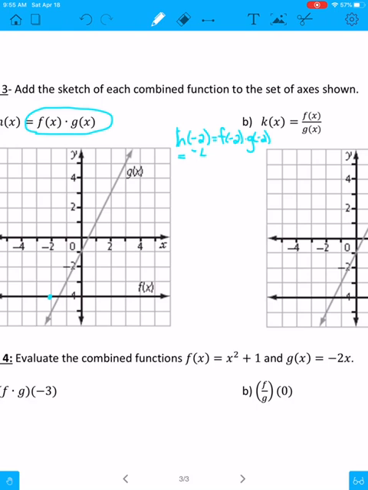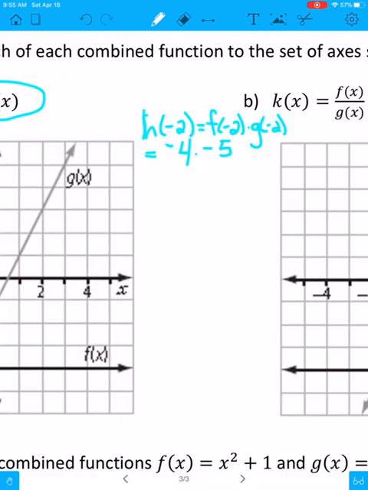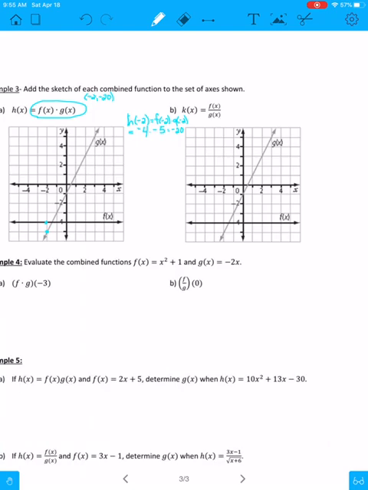Negative 4. Times g of negative 2, which is the gray graph, is negative 5. Which is negative 20. So I got a new coordinate. It's at negative 2 and negative 20, which is great. However, I don't have negative 20 on this graph, so I won't be able to sketch it.